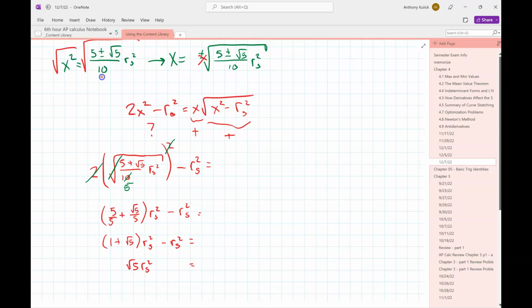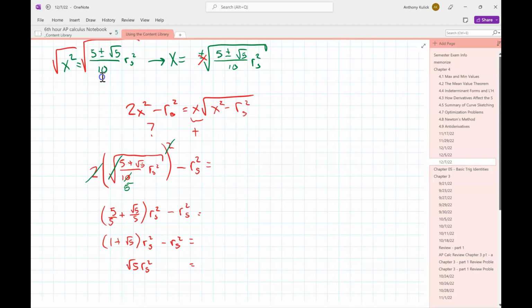Oh, I'm so dumb. Okay, so this is fine, but here's the problem. This is going to be extraneous. This assumption that I made was a bad assumption.